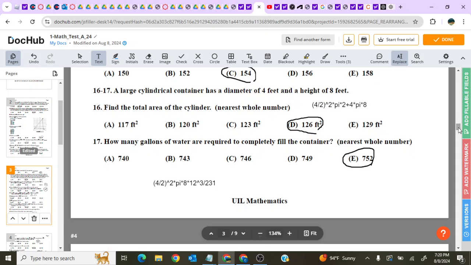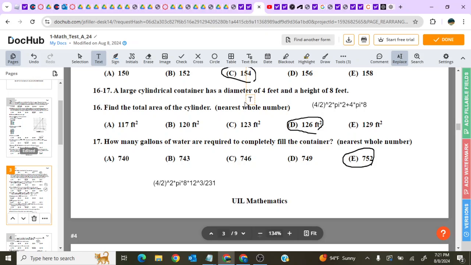A large cylindrical container has a diameter of 4 feet and a height of 8 feet. What is the total area of the cylinder? Well, that total area is basically the same thing as your surface area. A cylinder has 2 circles at the top and bottom, and then the other part, the area that's not the 2 circles.